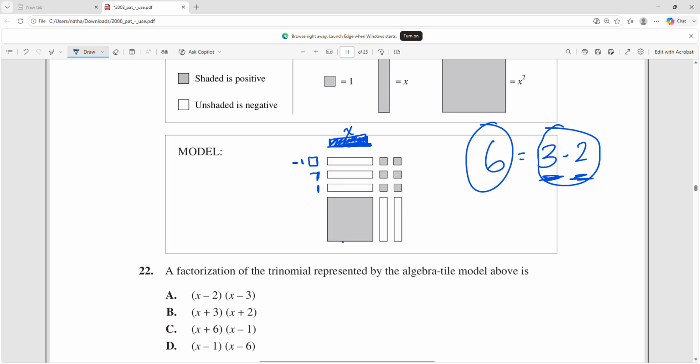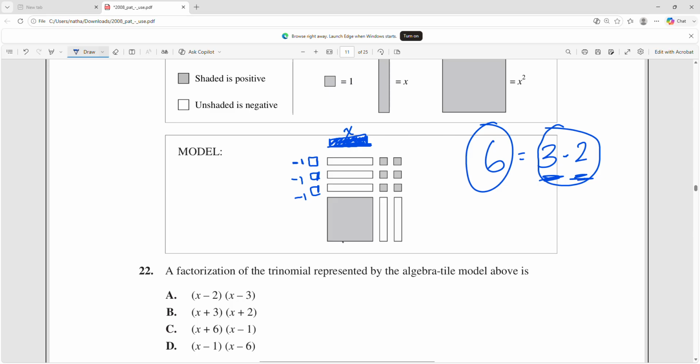Okay, so I would have 3 of these negative 1s to make this picture here. So a positive times a negative gives us a negative, right? Negative is, excuse me, the unshaded ones.